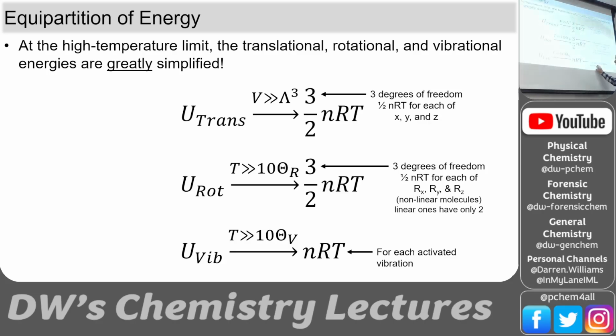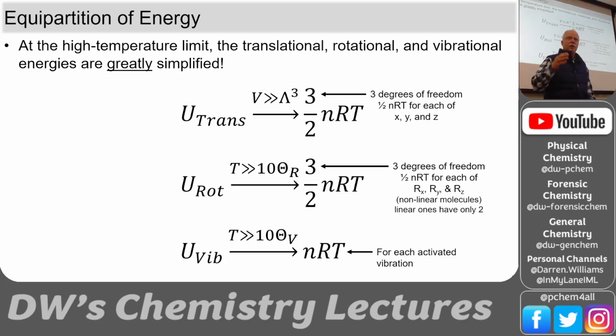And so we'll talk about this today. This is a very important point, though. Notice this criterion is very hard to meet. So the temperature has got to be around 10 times the vibrational temperature for it to contribute to the internal energy. And vibrational modes, some are active at room temperature. Like if you got a big molecule, like as big as me, this bending mode is a really low frequency mode.